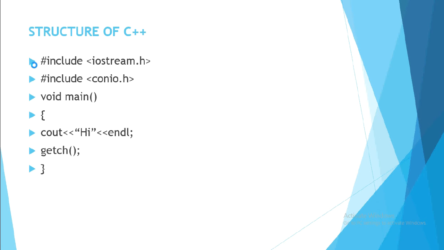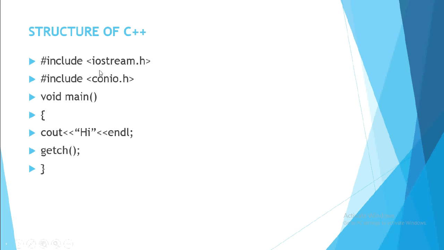Moving to the next, this is the structure of C++. Whenever we want to learn any language, the very first thing that comes is how we'll write. So I'll show the structure, but before that we need to learn a lot of things. The very first line here is #include <iostream.h>. This iostream is a header file.